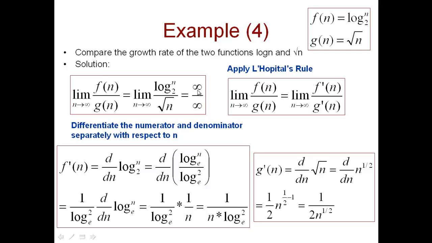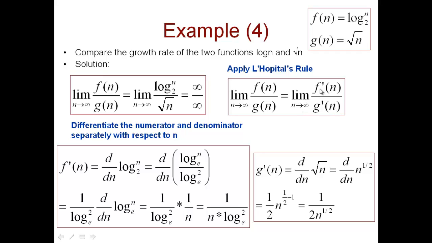Here we have infinity over infinity, which is not defined, so we have to apply this rule, and this rule is stated here. The limit as n tends to infinity of f of n over g of n is the same as the limit as n tends to infinity of f prime of n over g prime of n.